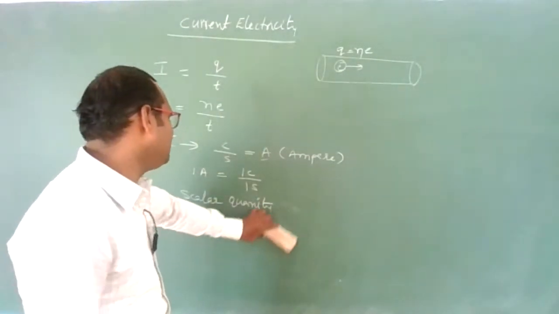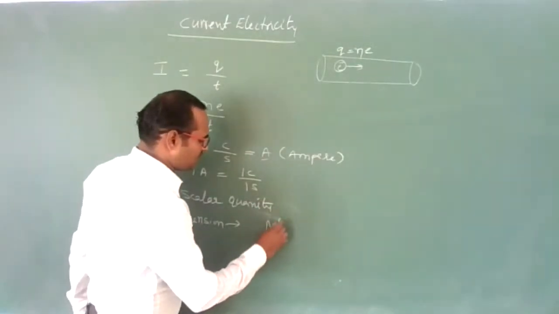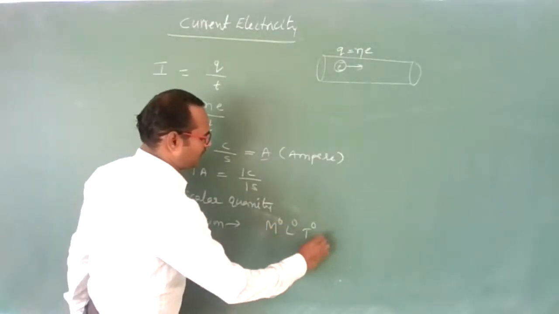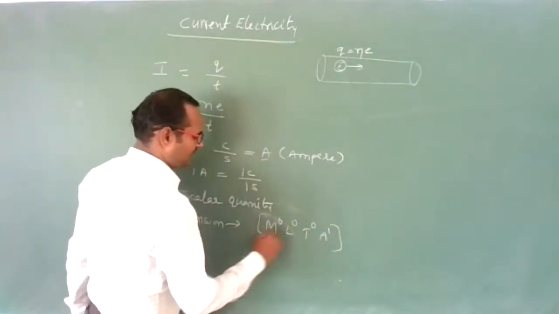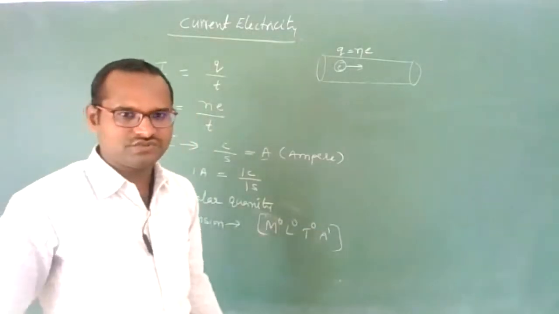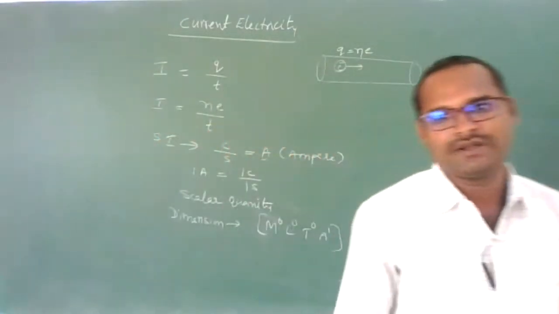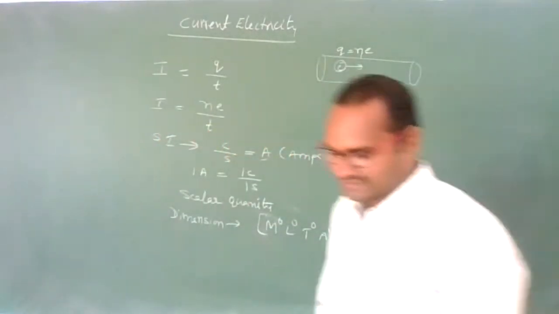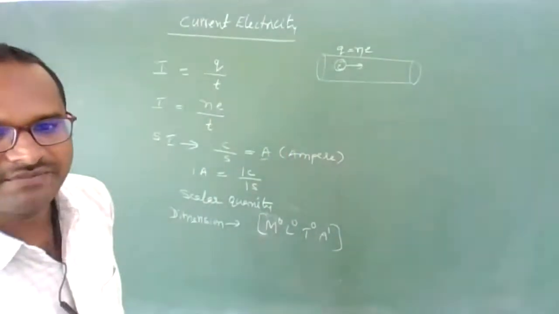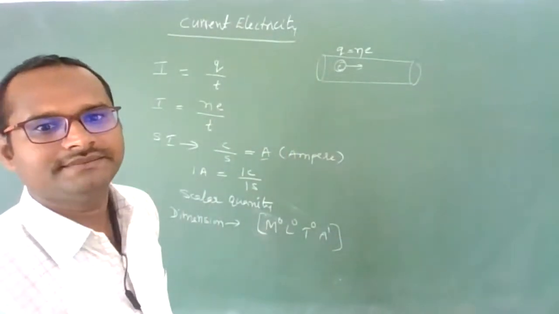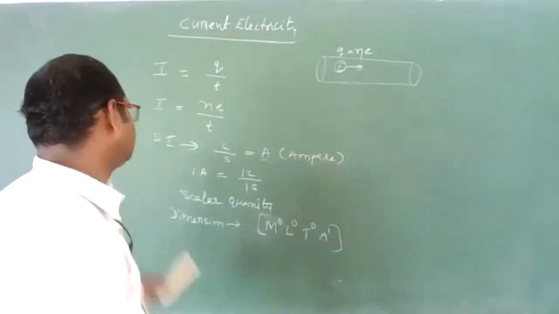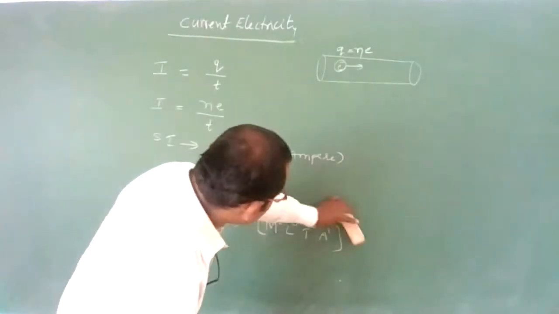So the dimensions will be M to the power 0, L to the power 0, T to the power 0, A to the power 1, or simply A. A is the only dimension. Not I; some students are writing I. So A is the dimension of electric current. So this is about current.